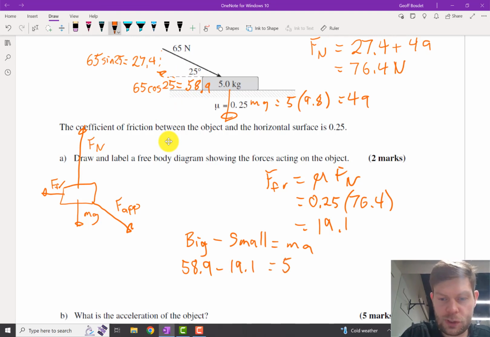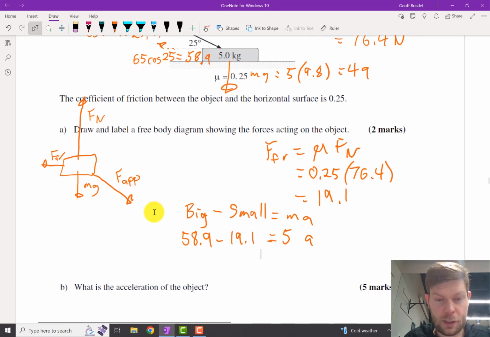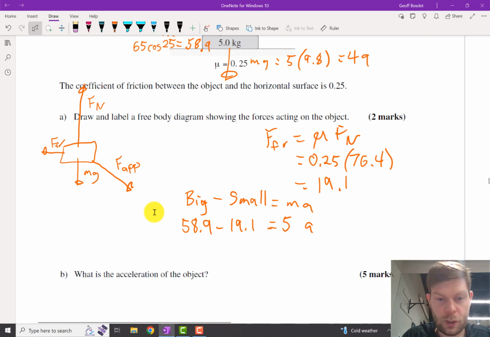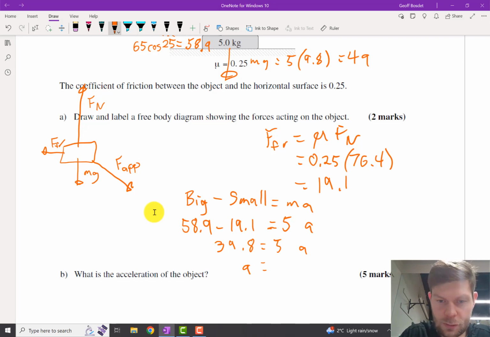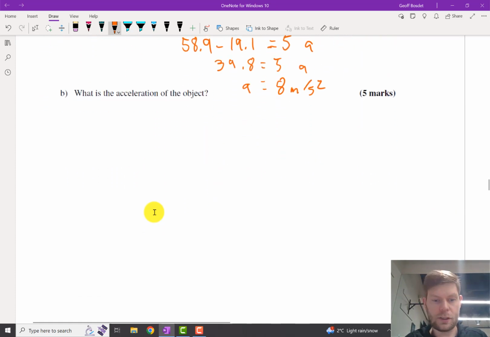That's going to equal our mass, which is 5 times A. 58.9 minus 19.1 gives us 39.8 equals 5A. So it's basically 8 meters per second squared. It's pretty quick.